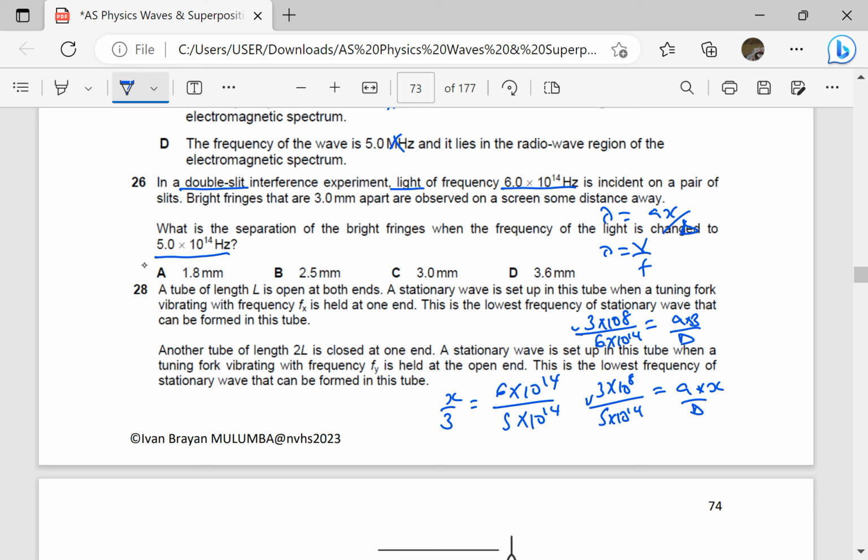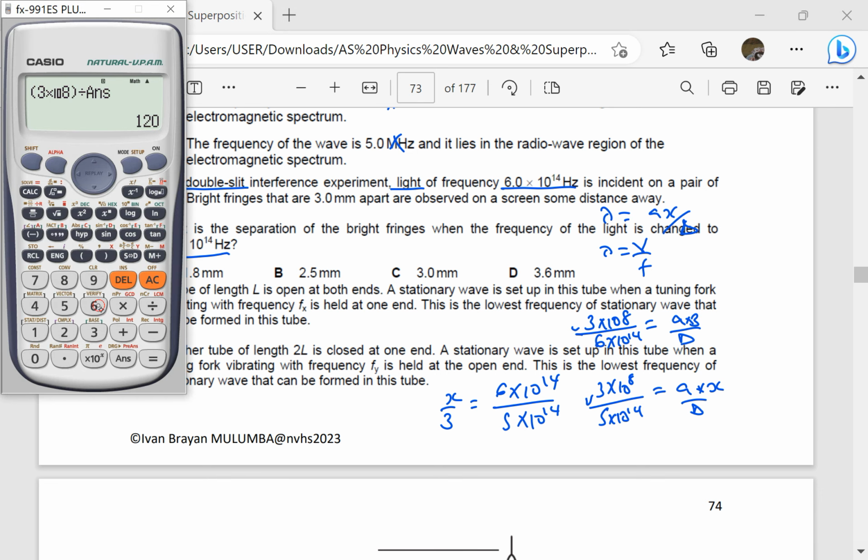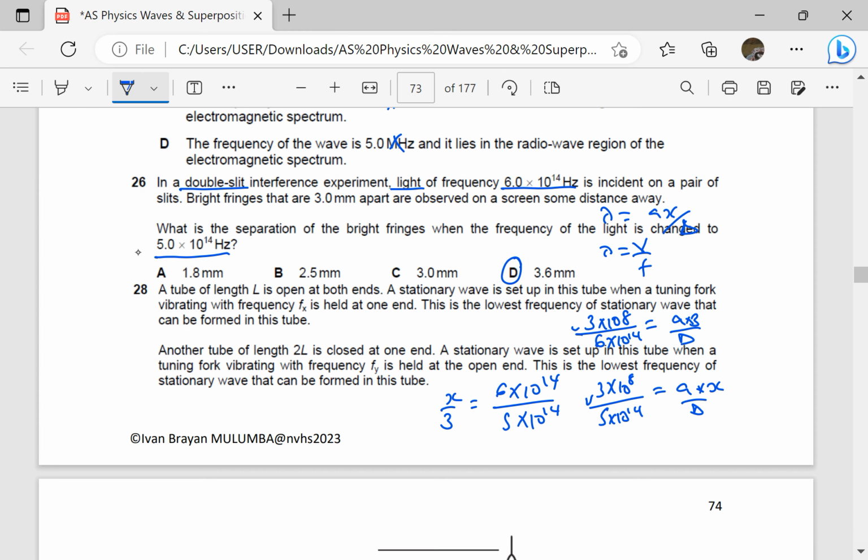So 3 times 10 power 8 cancels out, just like A over D cancelled out. So X is going to be 6 exponent 14 divided by 5 exponent 14 times 3, giving me a value of 3.6. So the answer is going to be 3.6 millimeters. So X is 3.6.